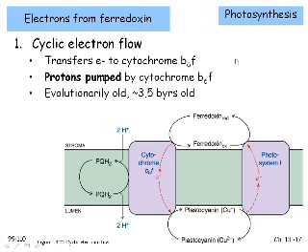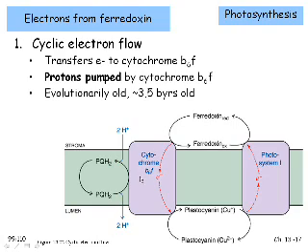There's another way of using the electrons on ferredoxin, though, and this is something called cyclic electron flow. And in cyclic electron flow, it's much simpler. It looks like this. Photosystem 1 gets excited. It makes reduced ferredoxin. Reduced ferredoxin can transfer its electrons to cytochrome B6F.